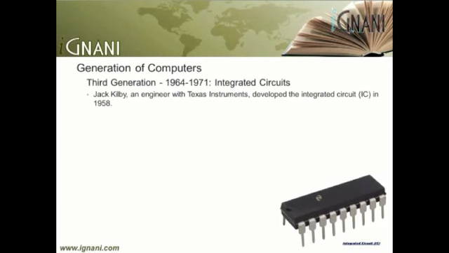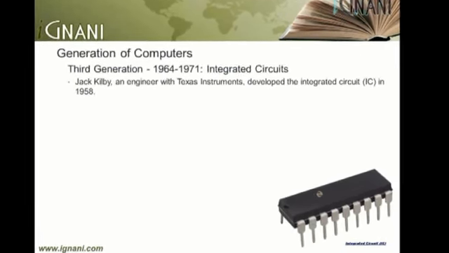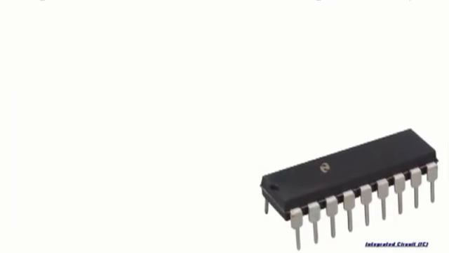Jack Kilby, an engineer with Texas Instruments, developed the integrated circuit in 1958. The picture shows a typical IC. A typical chip is less than a quarter square inch and can contain millions of transistors.